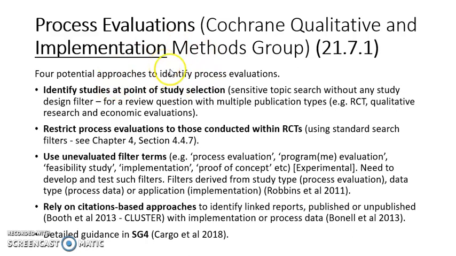And then the final approach would be to rely on citation-based approaches, for example, following up from a trial to a process evaluation, again, going forward through citation searching or backward through reference checking. But detailed guidance on this is provided in the supplementary guidance Article 4 in the Journal of Clinical Epidemiology.